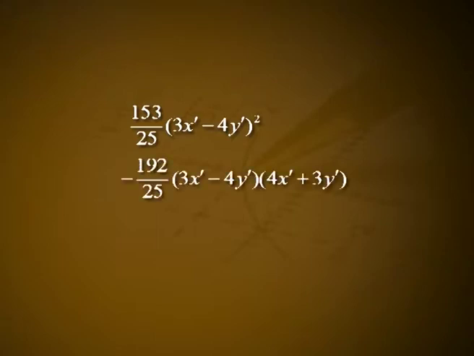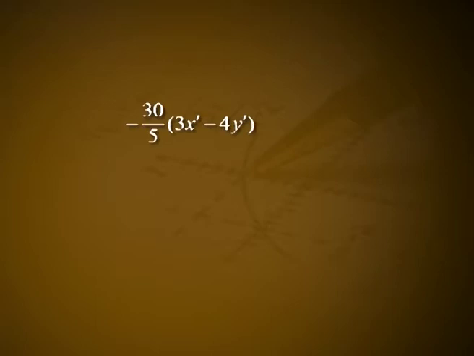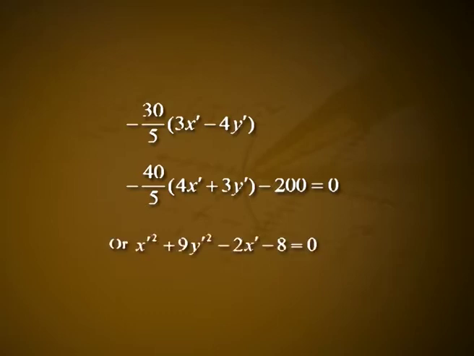and substituting these in turn in the given equation yields 153 by 25 into (3x dash minus 4y dash) whole square minus 192 by 25 into (3x dash minus 4y dash) into (4x dash plus 3y dash) plus 97 by 25 into (4x dash plus 3y dash) whole square minus 30 by 5 into (3x dash minus 4y dash) minus 40 by 5 into (4x dash plus 3y dash) minus 200 is equal to 0, or x dash square plus 9y dash square minus 2x dash minus 8 is equal to 0.